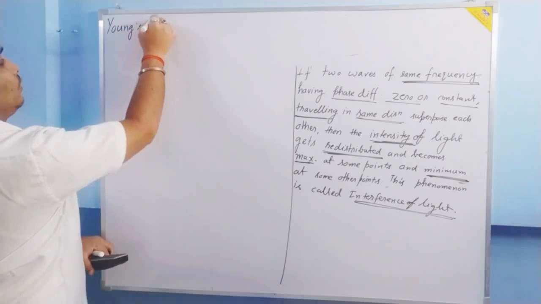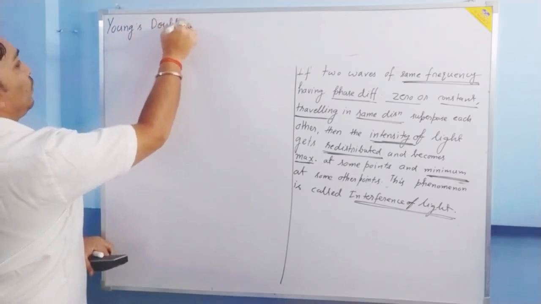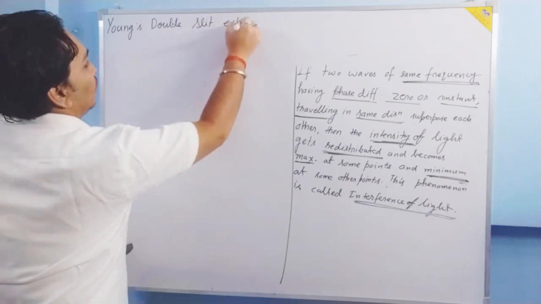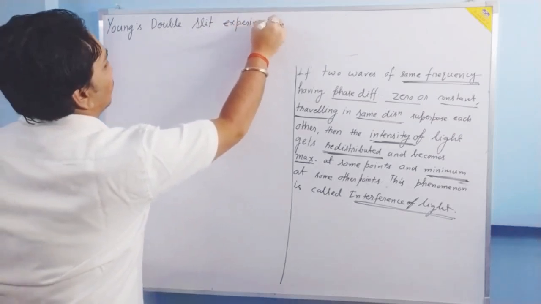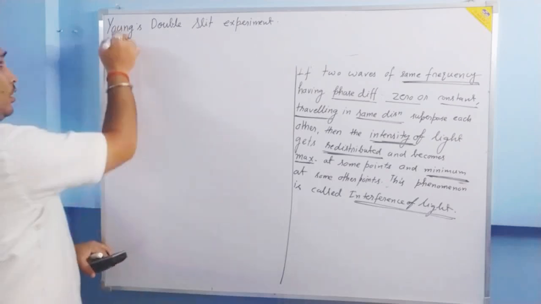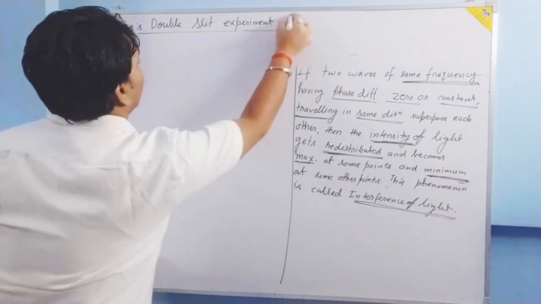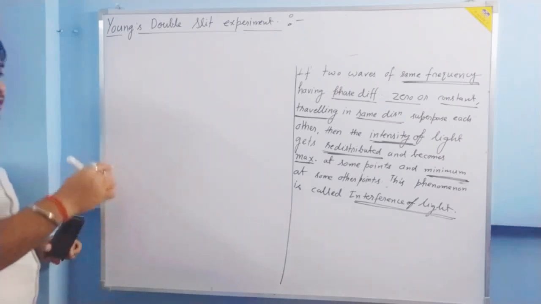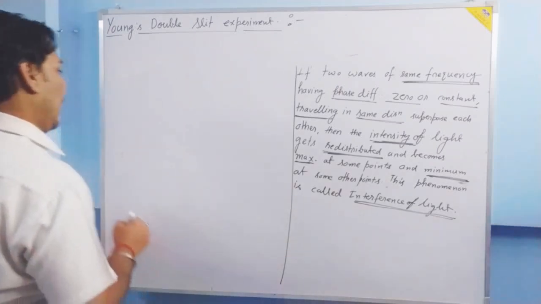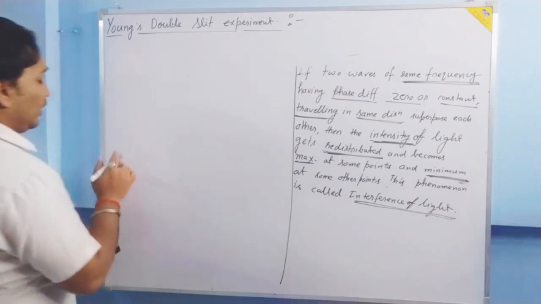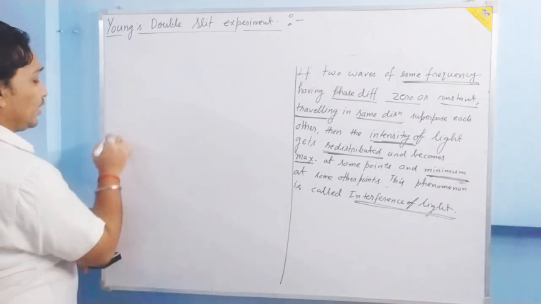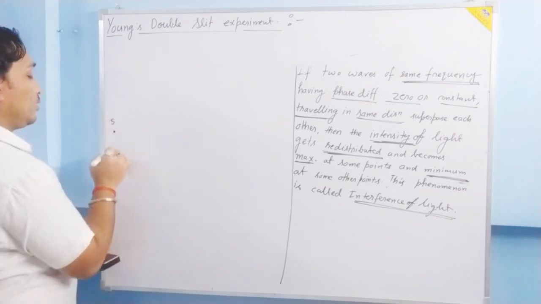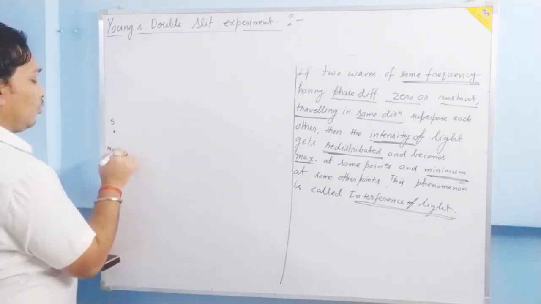This is the experiment to demonstrate interference of light. How is it done? Let us see. In Young's double slit experiment, what is done? There is a source of light, and this source should be monochromatic.